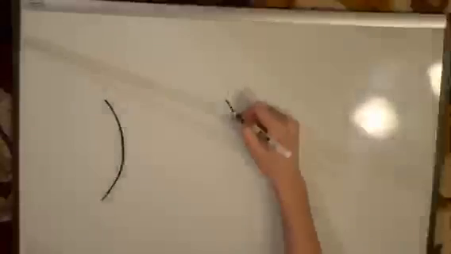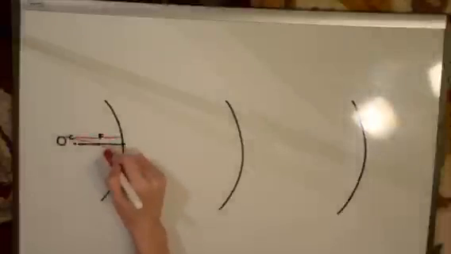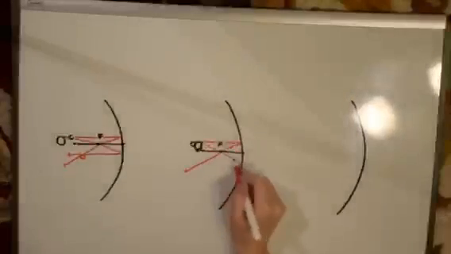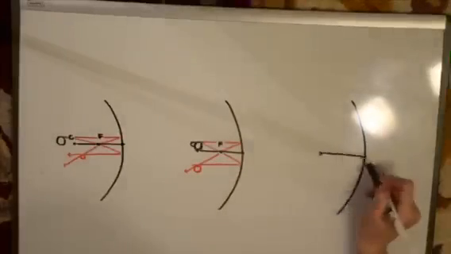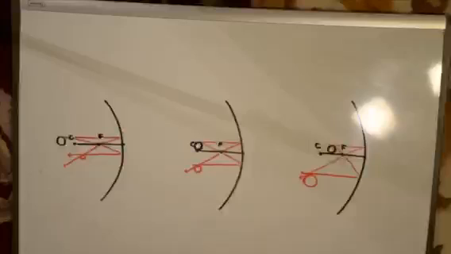If we assume the object's bottom is at the principal axis, objects beyond C yield images between C and F that are inverted and reduced in size. Objects at C are inverted at C without size change, and objects between C and F yield images beyond C that are inverted and larger.